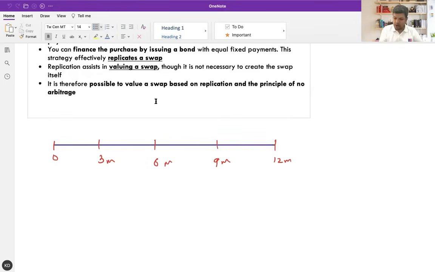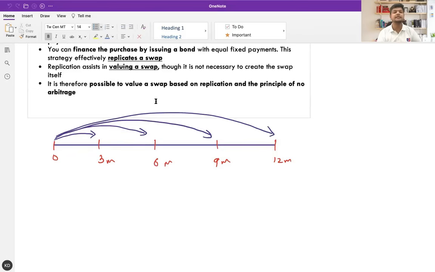So today, when you and I enter into the swap, let's say I'm going to pay you fixed and you are going to pay me floating, correct? Those floatings depend on what will be the LIBOR for the next 3 months, for 3 months after 3 months, for 3 months after 6 months, and for 3 months after 9 months, isn't it? So basically I need to predict the future quarterly rates, forward rates, isn't it?